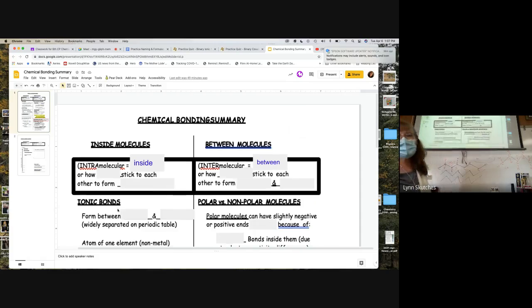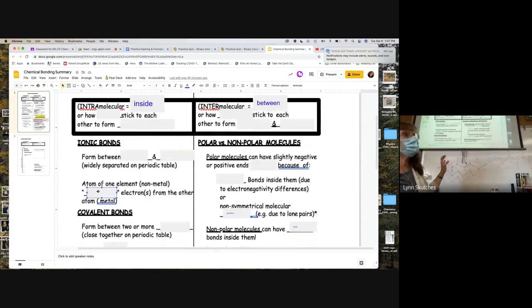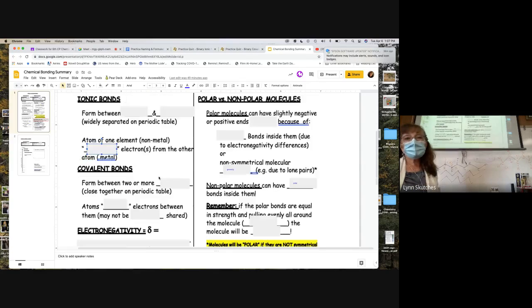Ionic bonds happen when a metal and a non-metal are attached to each other, and that's because the non-metal steals electrons away from the metal. Covalent bonds, like hopefully you learned yesterday, are from 2 non-metals, top right-hand corner of the periodic table.